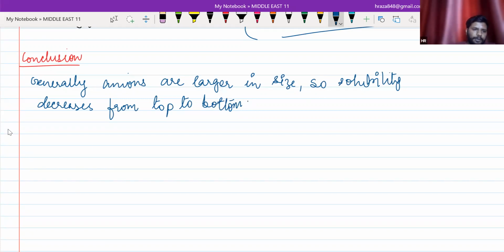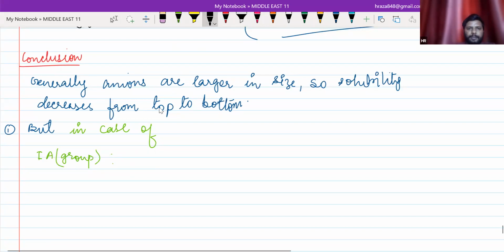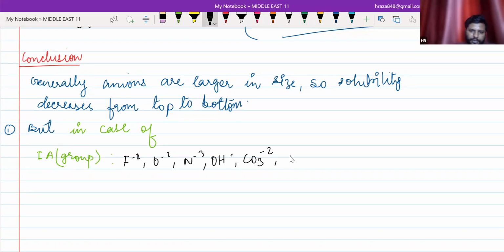But in case of the first group, that means alkali metals, with F-, O2-, N3-, OH-, CO3 2-, these are all exceptions, like HCO3-, SO4 2-, and SO3 2-.